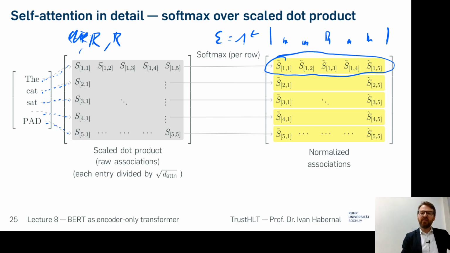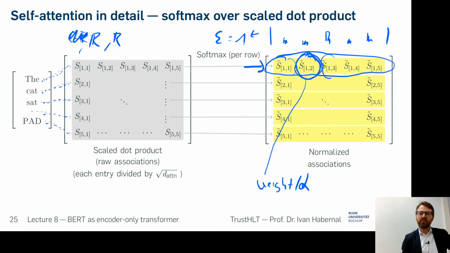Okay, so what is it giving me, by the way? Something interesting. It's giving me normalized associations. It's giving me some weight, or alpha. For the first row, for example, this is how the second word is important for the first word.